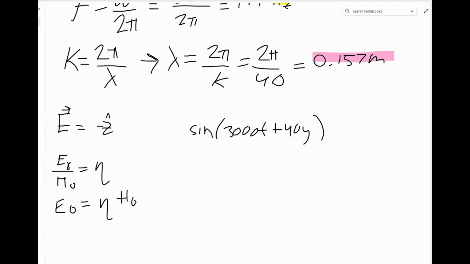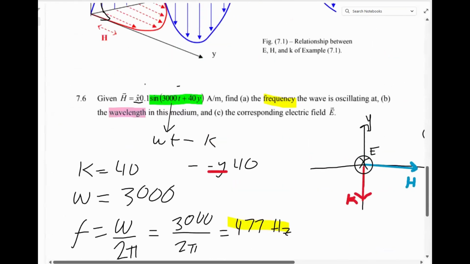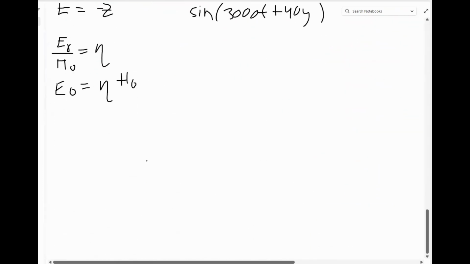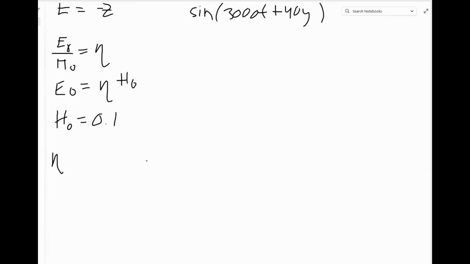And we know our H naught is 0.1 according to our H field equation. So we can go ahead and just write that down here. But we still need to determine our eta. And that can be figured out by using the equation eta equals eta naught over square root of epsilon r.